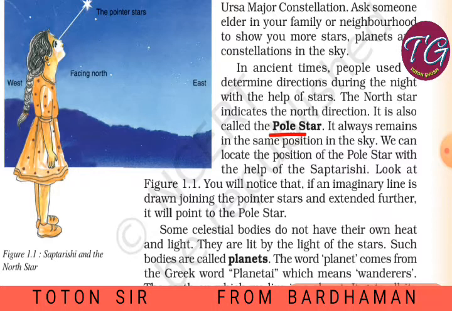That's why the pole star guided them, because you can say this is the northern star or north star. The north star indicates the north direction. It is also called the pole star.